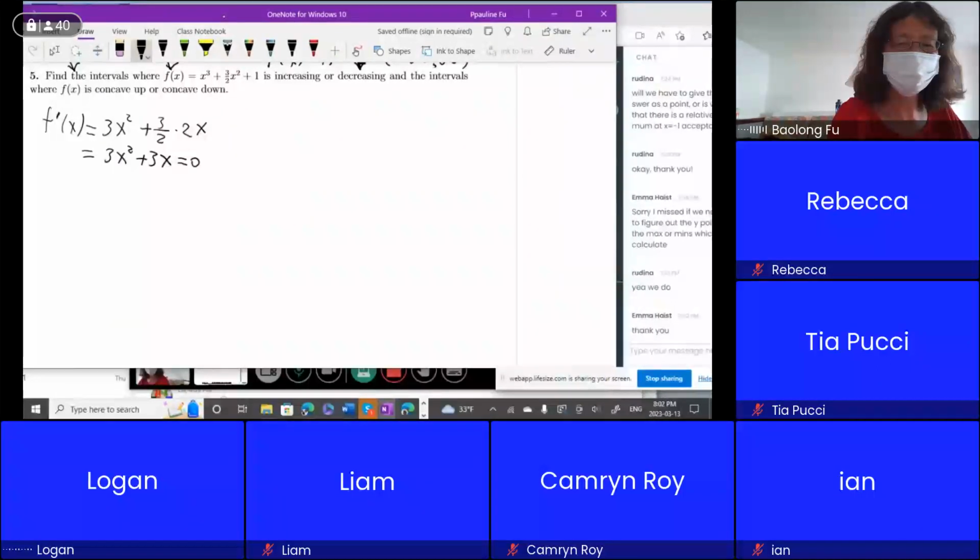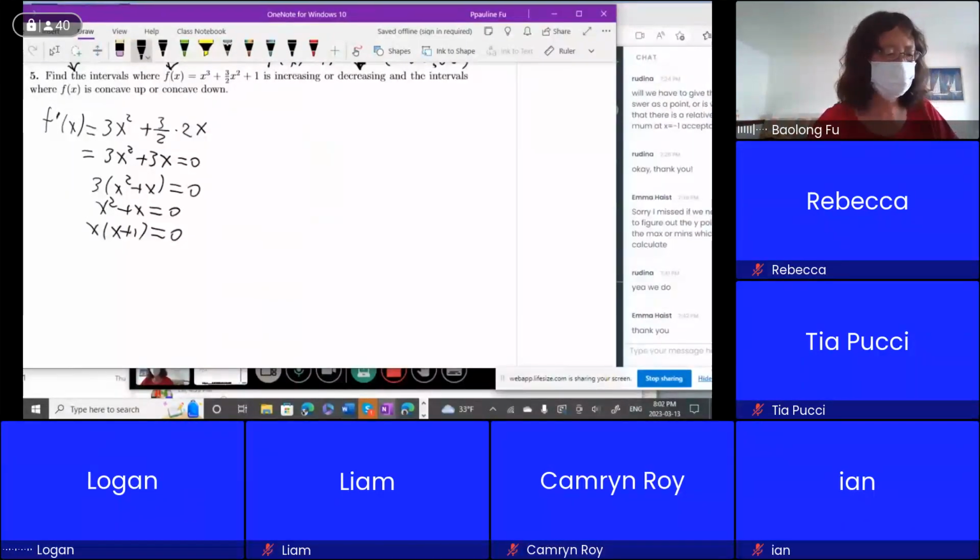So let this equal to 0, you get 3x squared plus 3x equal to 0. So x squared plus x equal to 0, x times x plus 1 equal to 0.